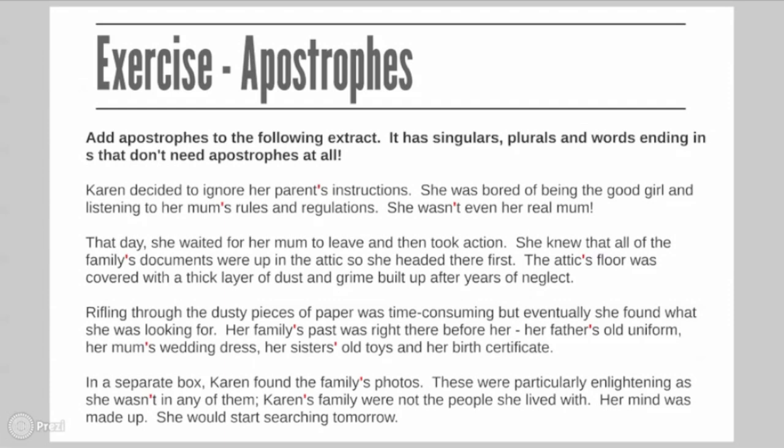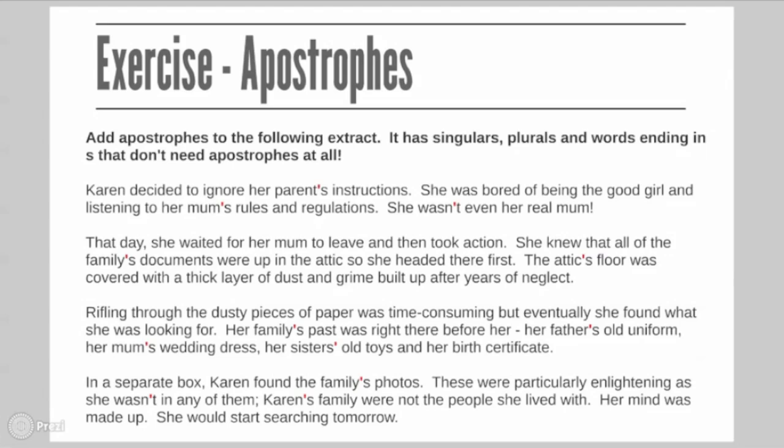So the apostrophe comes after the Y to show that the past belongs to the family. We've got one father, so that's singular again, and the old uniform belongs to him, so therefore the apostrophe comes after the R and before the S. We've got the wedding dress belonging to her mum, so again that's another singular, so the apostrophe comes after the M and before the S.